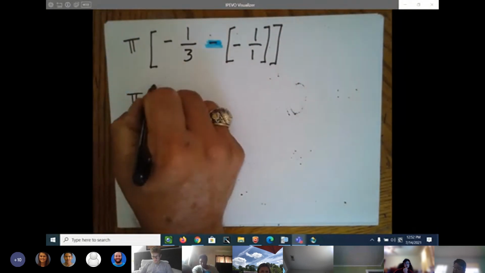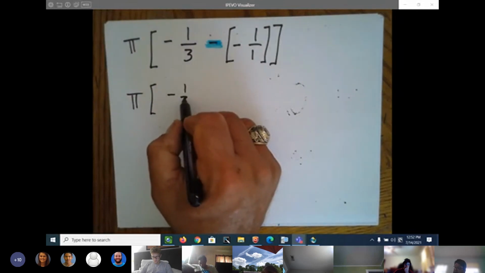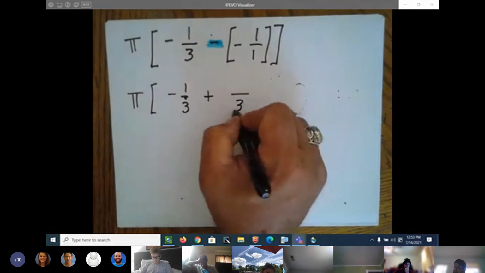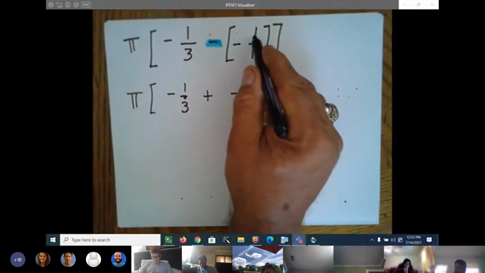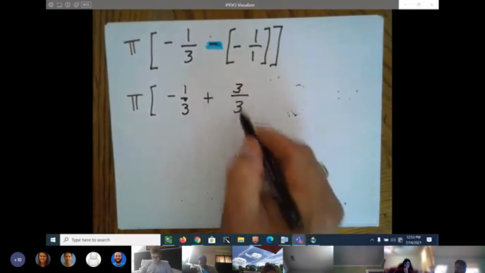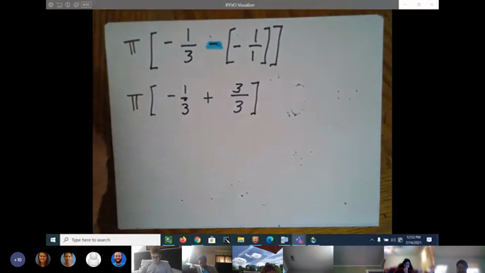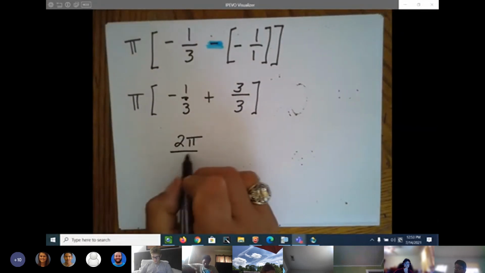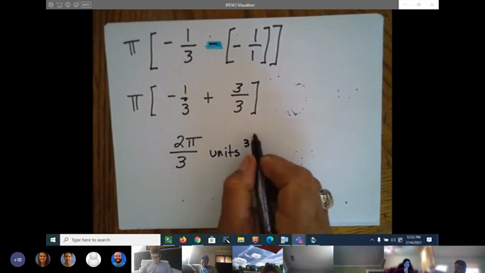So pi, -1/3 plus blank thirds. 1 will go into 3. 3 times 1 is 3, and y'all know that. And that should come out to be 2 pi over 3 units cubed.